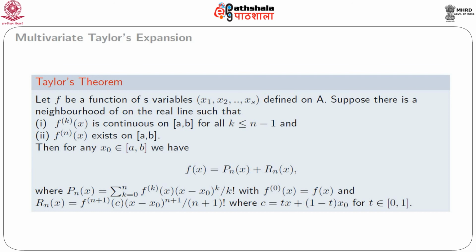So, if we consider just the second order Taylor expansion, we get f(x) as f(a) plus the first derivative of f with respect to x, which is a row vector, multiplied by (x - a), plus half times the quadratic form (x - a) transpose multiplied by the Hessian matrix of f multiplied by (x - a), where as usual z is some point between a and x, that is z can be expressed as (1 - t) times a plus t times x for some t belonging to (0, 1).